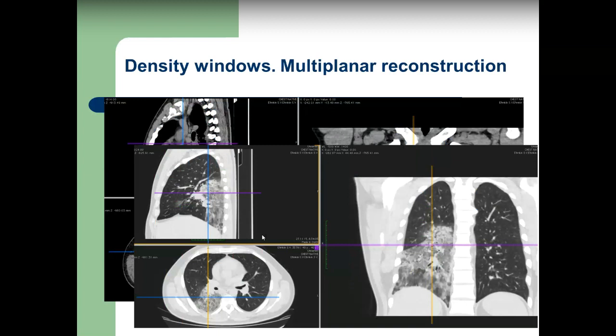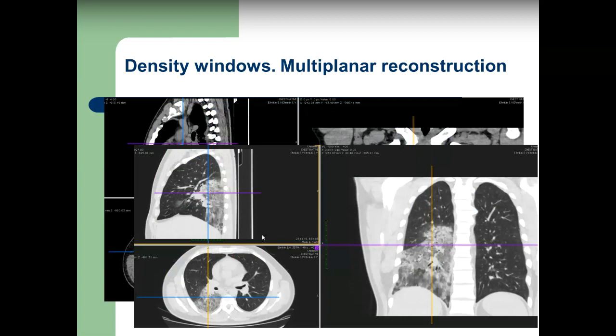So we change this electronic window to thoracic, to pulmonary, and we can see that there are pathological findings in the right lower lobe. There is pneumonia, but we can't differentiate soft tissue structures.